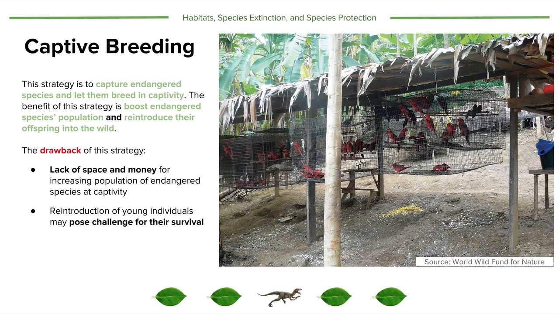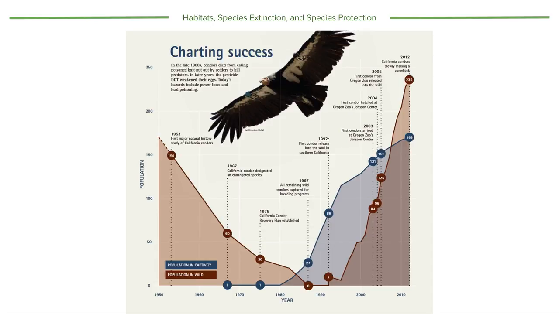Okay, we have captive breeding. Captive breeding is to bring the endangered species into captivity, and then we breed them and release the offspring into the wild. Money is always a problem, but we do have a very successful example, which is the California condor.